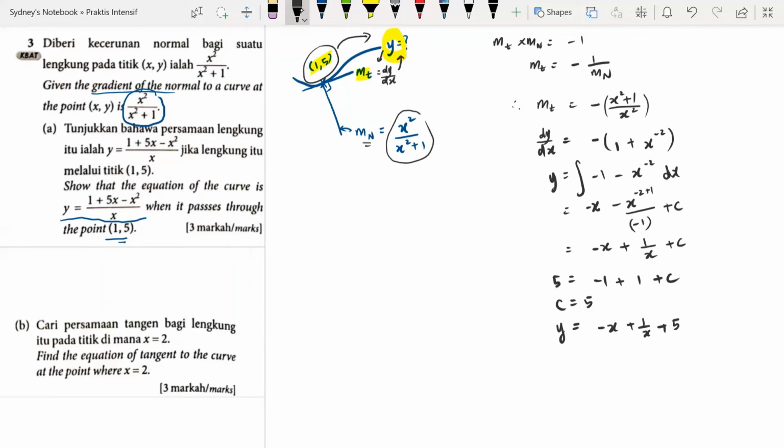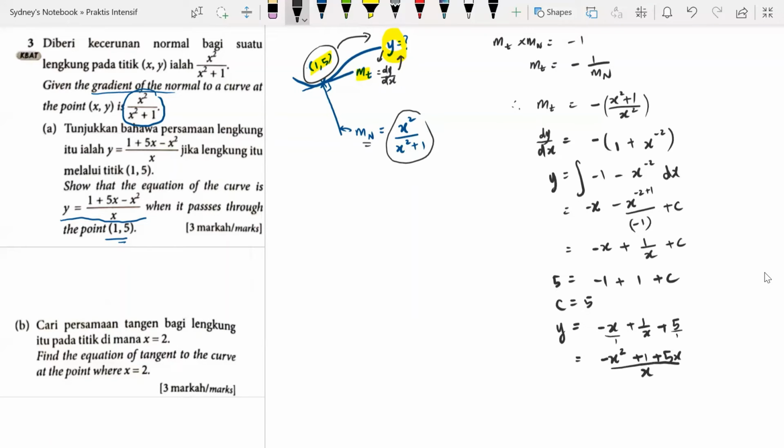But we have to show that the curve is given by this one. So let's combine these 3 terms into a single term. Find the lowest common multiple, which is x. So we will have -x squared plus 1 plus 5x over x.